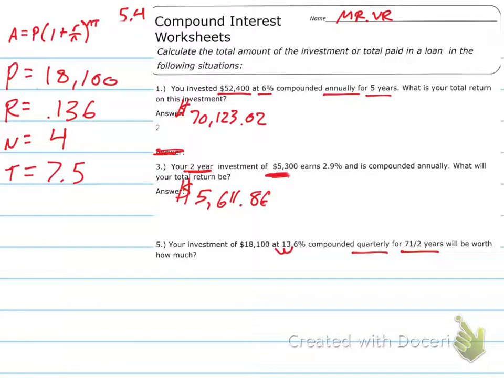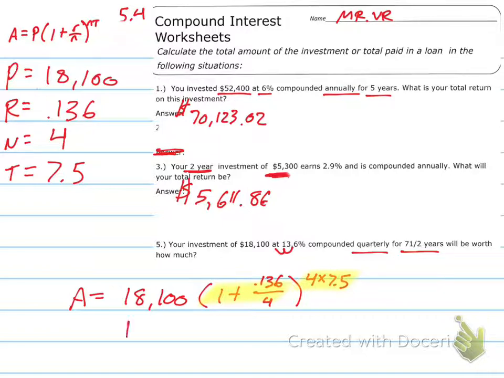So now I got my numbers. All I'm doing is plugging them back in. So my return is equal to my principal, or what I put down, times 1 plus 0.136 over 4, and then n times t, which is 4 times 7.5. So let's simplify again what's in here and up there.